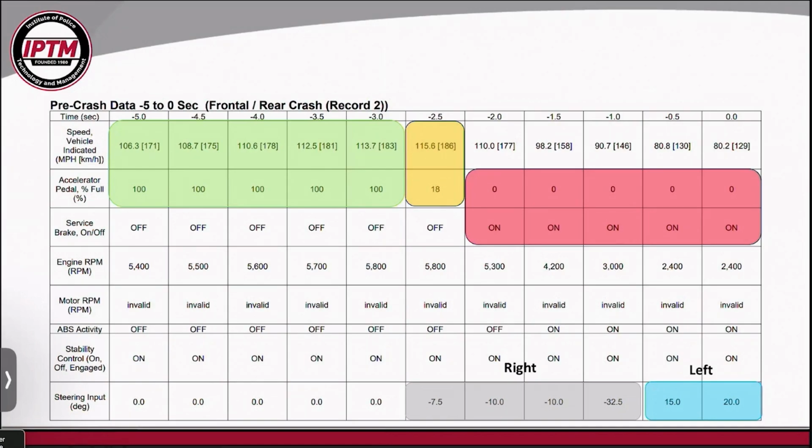What this tells me is the driver is already doing, at about 5 seconds prior to the impact, more than twice the speed limit, and that's just not enough for him. He's trying to get more, right? And we see that his car achieves that. It continues to accelerate up to about 115 miles an hour, approximately 2.5 seconds before the impact.